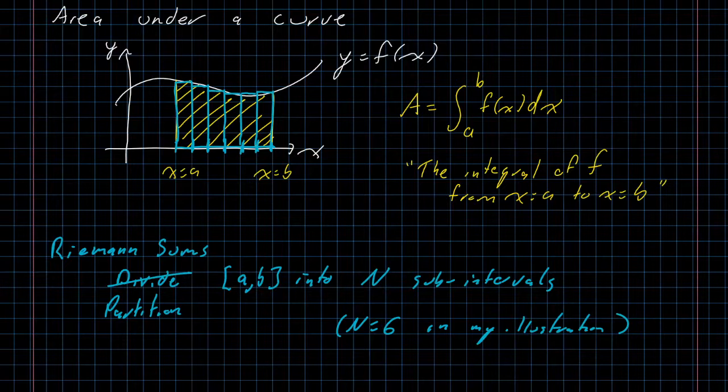I've drawn this curve so that these rectangles are actually pretty good, but in some spaces, they are underestimating. All right, there's a little bit there of area under the curve that's not getting counted. In other places, they're overestimating. There's a little bit of area here that is in the rectangle that's not under the curve.